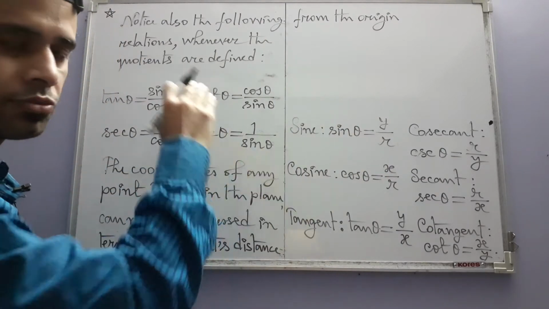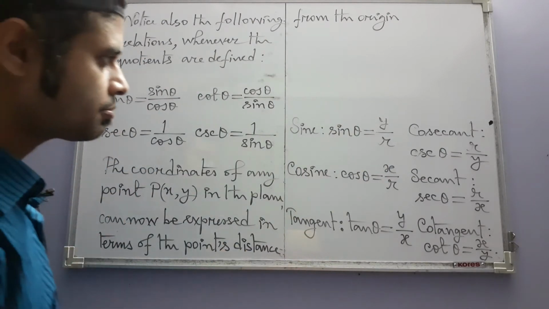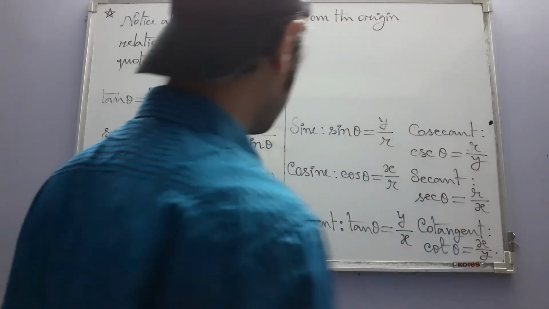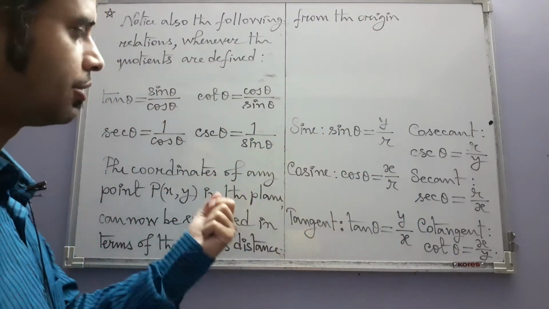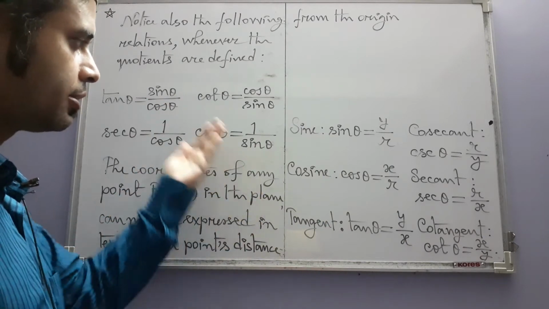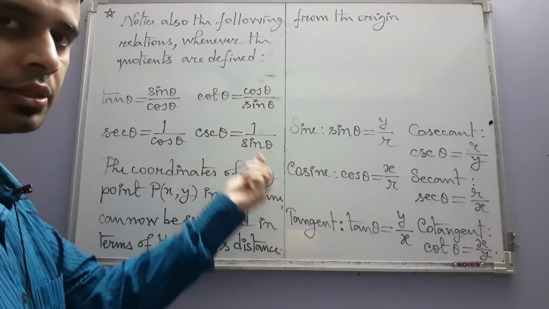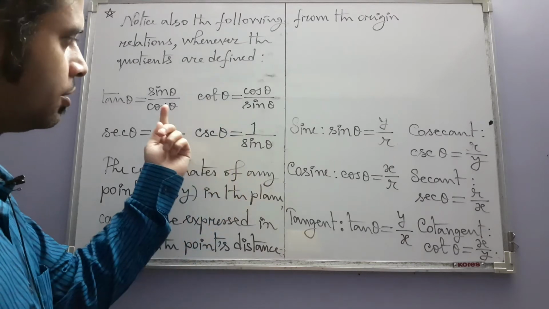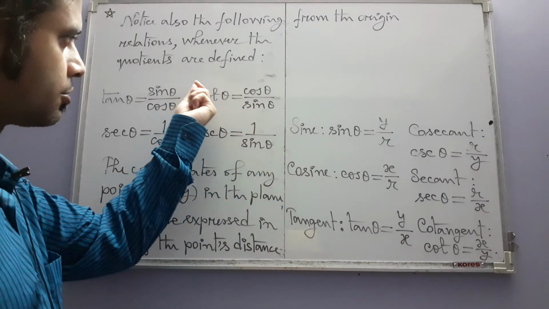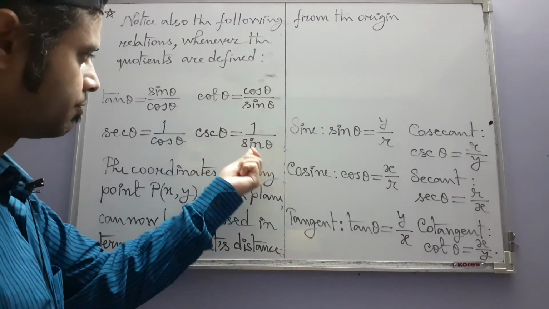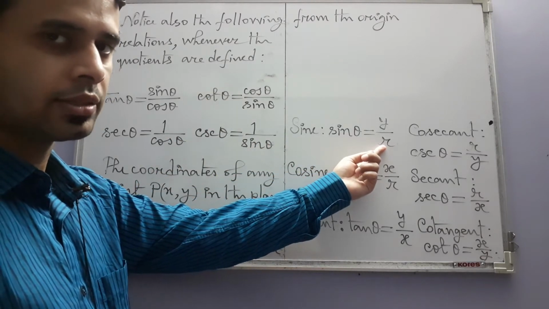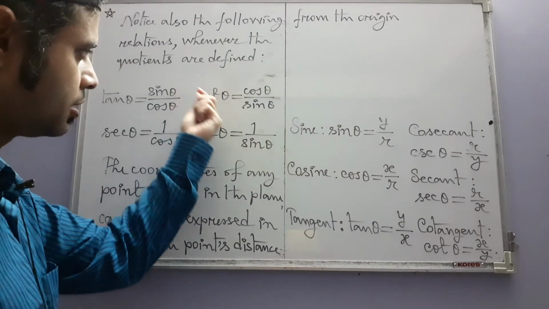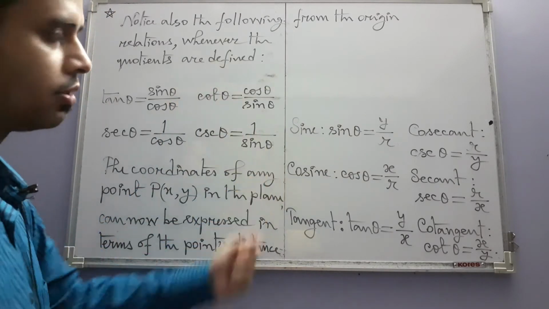R is the distance of the point from the origin. You can imagine, because the point in our definition of these extended trigonometric functions is actually the point of intersection of the terminal ray of our angle with that circle. So that is the point. So the radius is r. R is the radius of the circle, so it becomes the distance of the point from the origin.